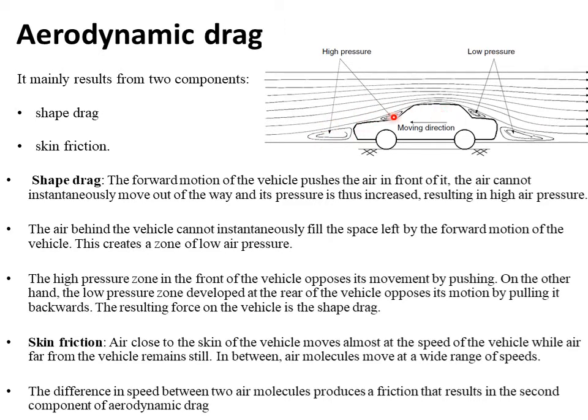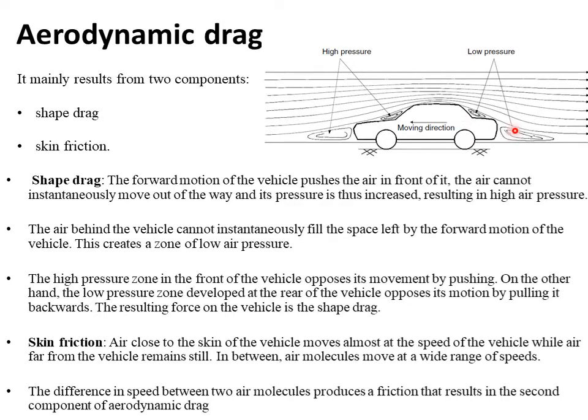Okay, so this is the moving direction. Similarly, the air behind the vehicle cannot fill the space behind the vehicle, and there it creates a low pressure. So here there is a high pressure region and here there is a low pressure region, and as a result of these different pressure zones, the vehicle will be pulled backwards as a net effect.